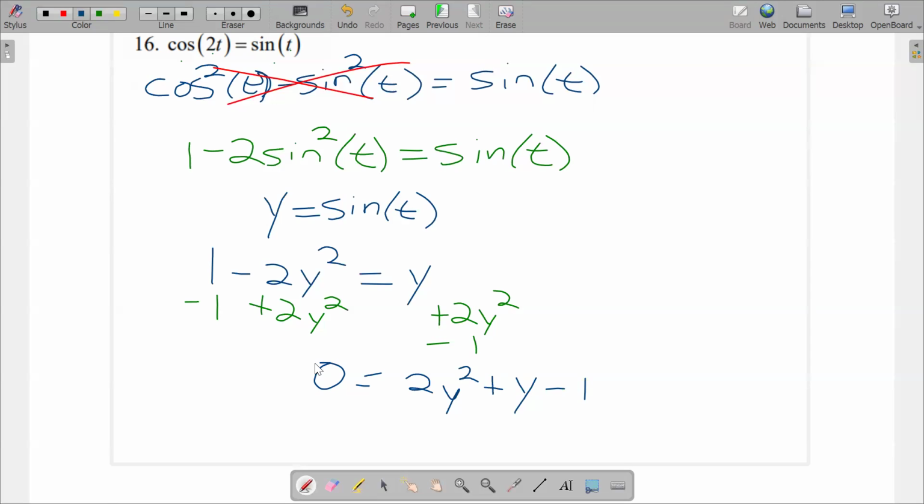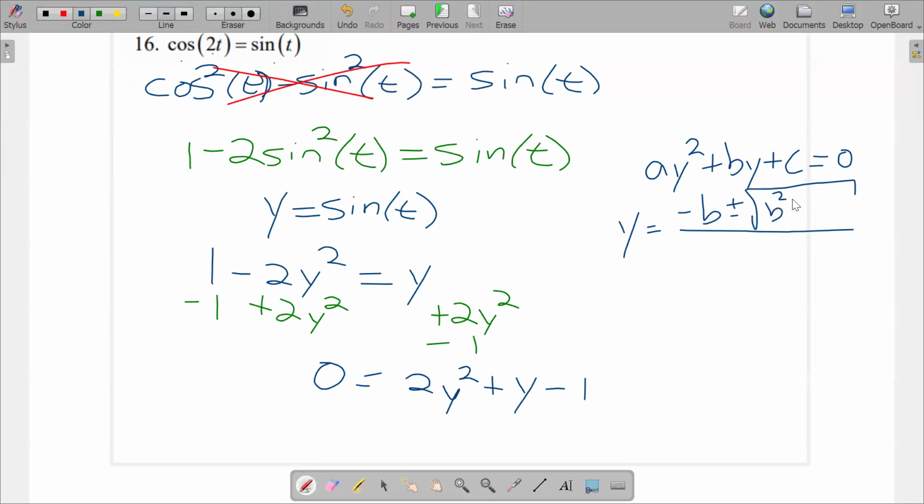So quadratic formula says if you have something like a y squared plus b y plus c equals 0, then y is going to equal negative b, plus or minus the square root of b squared minus 4 times a times c, all divided by 2a. And here my a is 2, my b is 1, and my c is negative 1. So I usually like to identify those just to make sure I apply them consistently.